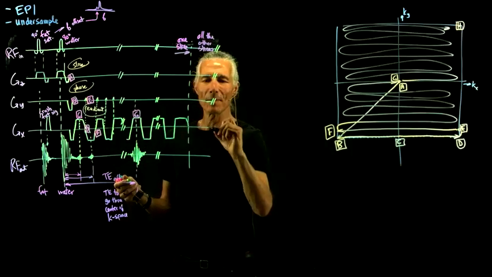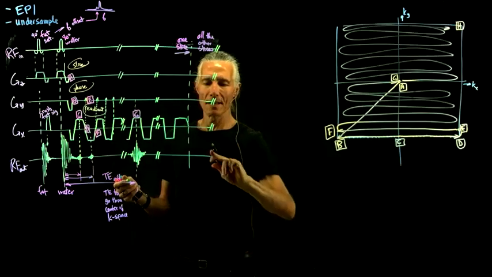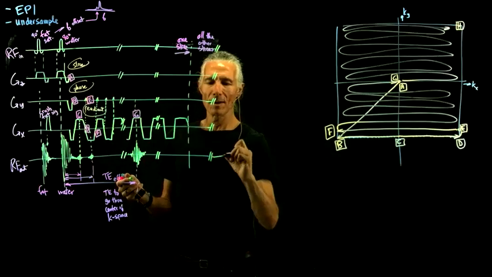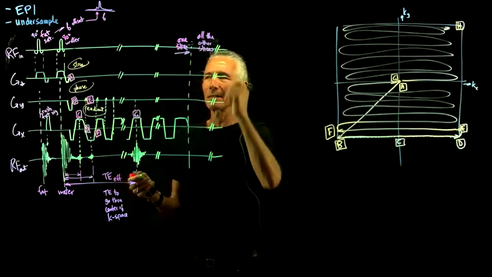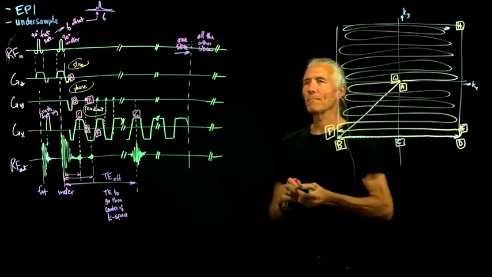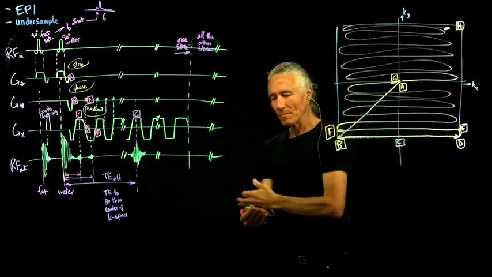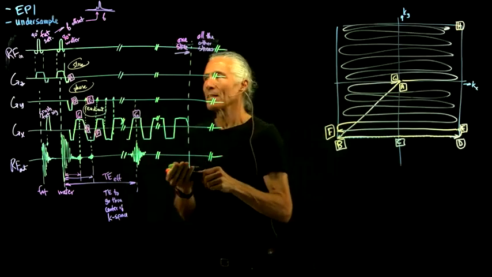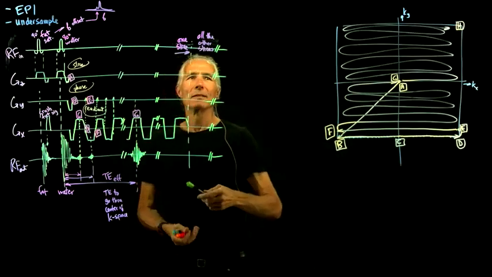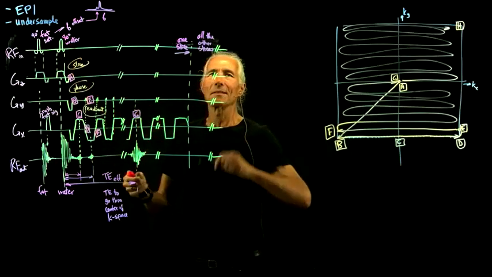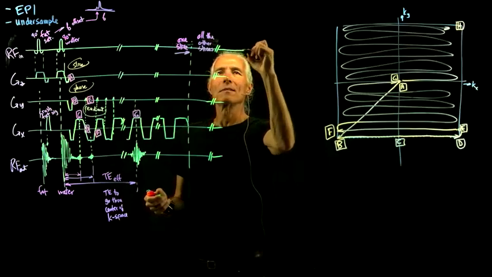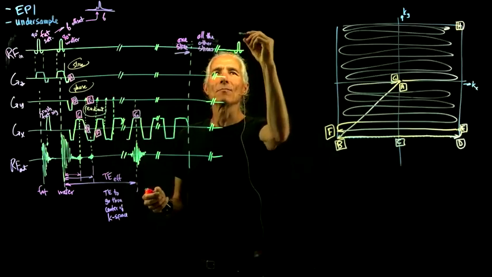Then finally we're back to do this slice again. And what is that time? That time might be only 1 second, especially if we're doing undersampling. And so we finally do the FATSAT and the water 90.